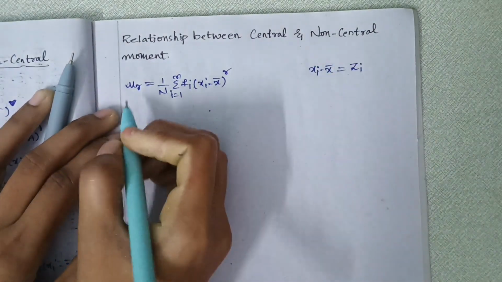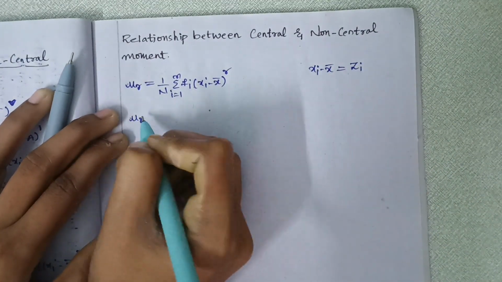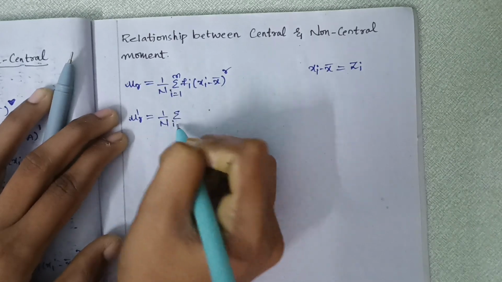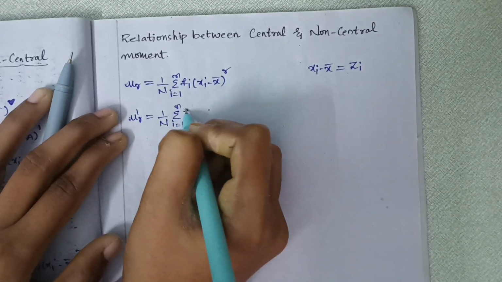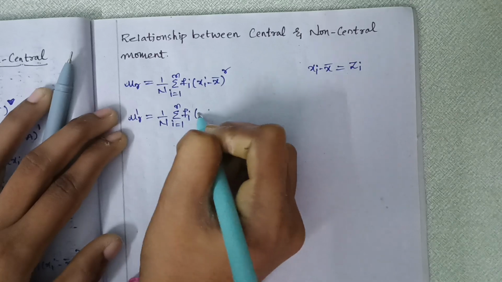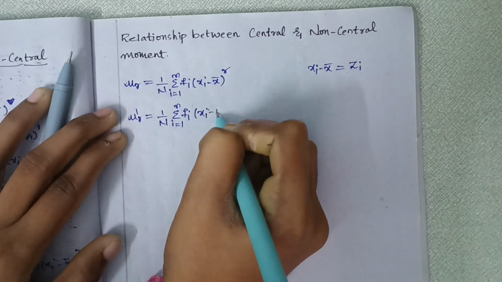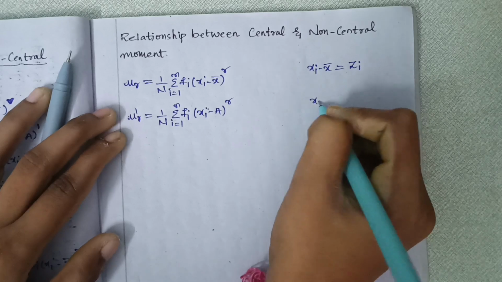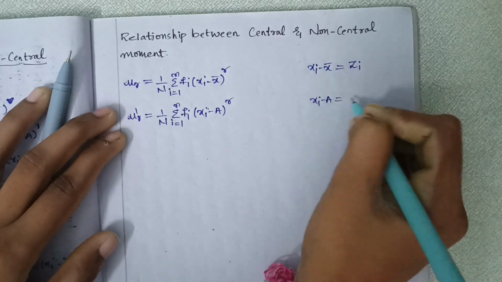And non-central moment is denoted as mu r dash, which is equal to 1 by n summation i equals 1 to n fi into (xi minus a) whole to the power of r, and xi minus a is equal to di.